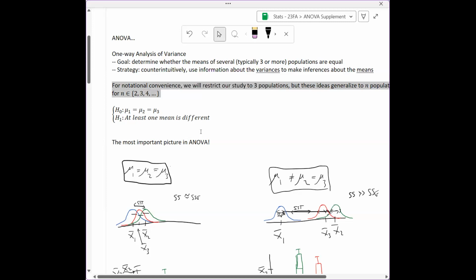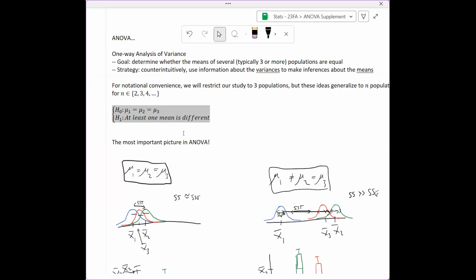For convenience of notation and showing examples, we'll restrict our study to just 3 populations. But these ideas generalize to n populations. You could have 4, 5, 6 populations, but we're going to stick to 3 for the examples. Our hypotheses are: the null is that the means are all the same, mu1 equals mu2 equals mu3, and the alternative hypothesis is that at least one of these means is different from the others.